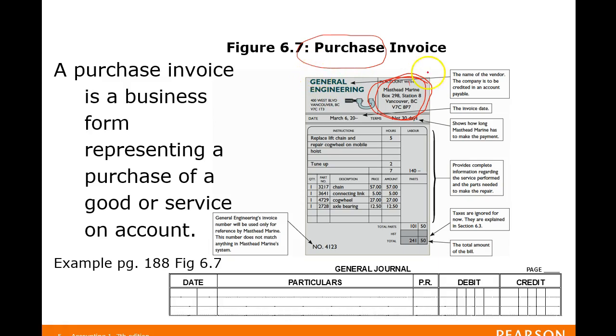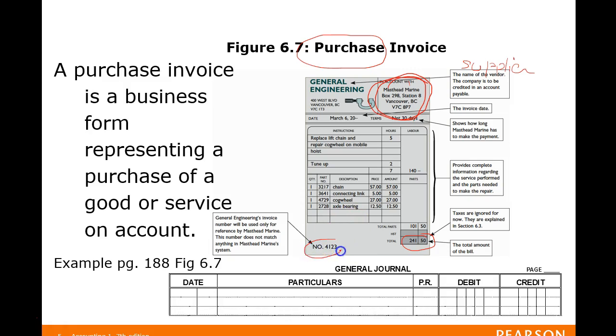So this is our supplier, our vendor. And then this is us, and we purchased a lift chair and replaced a cogwheel and mobile hoist. And so the total cost of all of this was $241.50. So we owe that money to General Engineering.